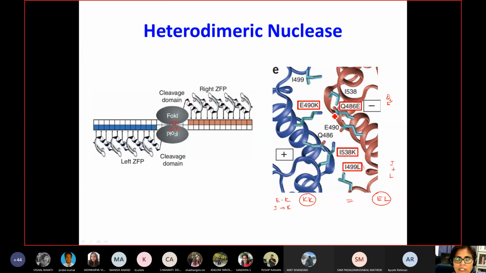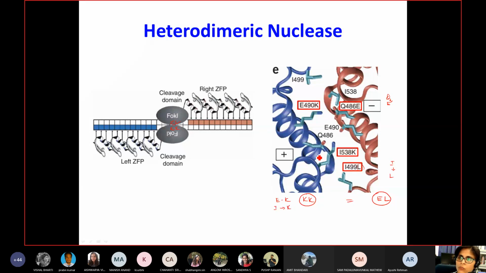So they are making these changes from glutamine 486 to glutamic acid, then glutamic acid 490 to lysine, and then isoleucine 499 to leucine, and isoleucine 538 to lysine.